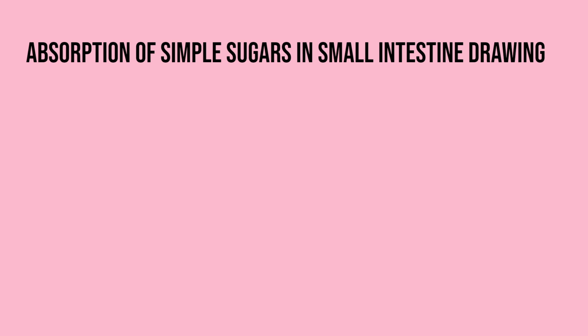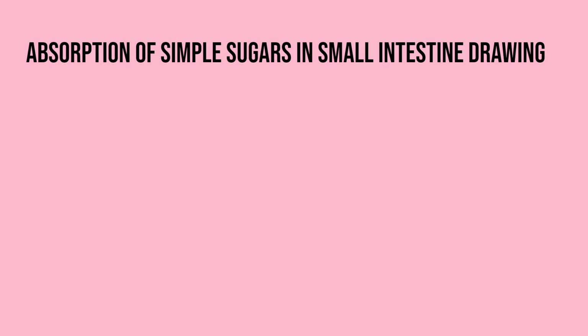And they do it through these different transporters. So we're going to talk about GLUT5 first. It's selective for fructose. So fructose can go right through GLUT5 by facilitated diffusion. That means it's going from a high concentration to a low concentration through the transporter.